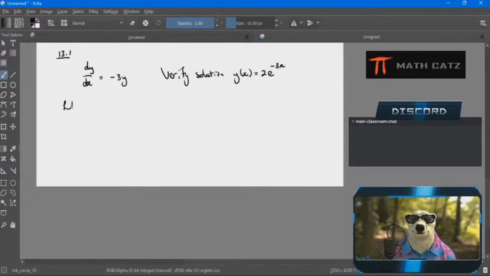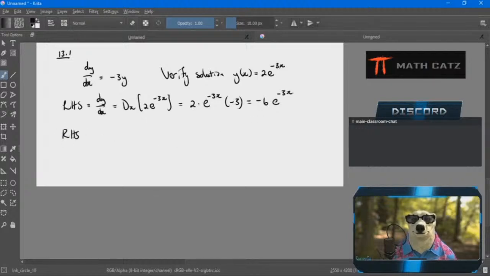Now I'm going to look at the left-hand side of this equation, which is dy/dx. That requires that I take the derivative of my proposed solution, and we know how to do that. The 2 stays in front. It's the chain rule, so the derivative of e to the something times the inside something. I can simplify to negative 6 times e to the negative 3x.